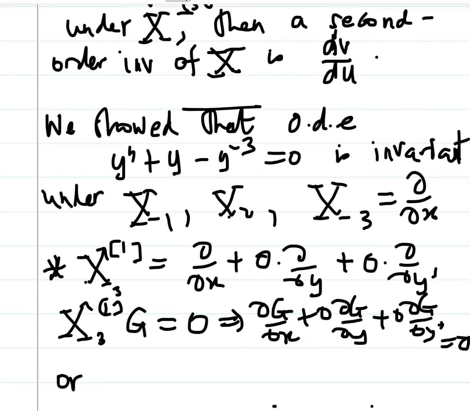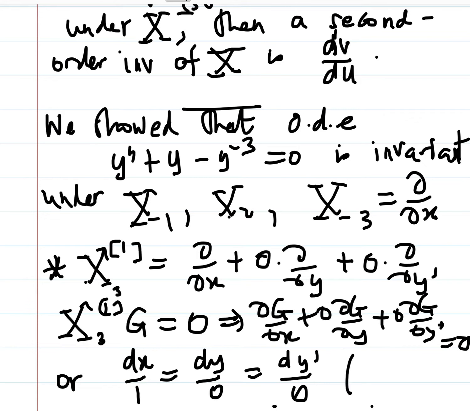Or we said to solve for g, we write the characteristic form dx over 1 equals dy over 0 equals dy dashed over 0. So because we have three variables x, y, y dashed, we require two integration constants or two independent invariants. The dependent invariant, of course, is then determined by solving dg over 0 with that.